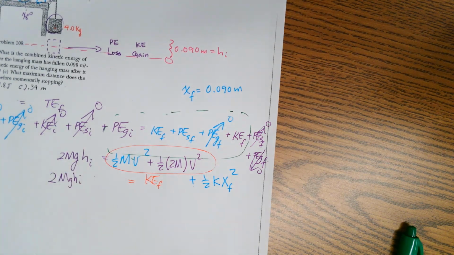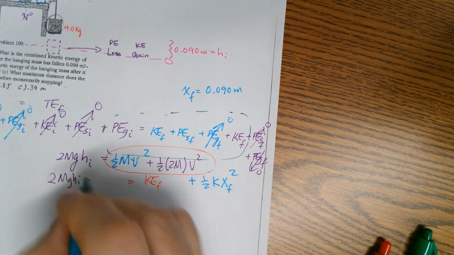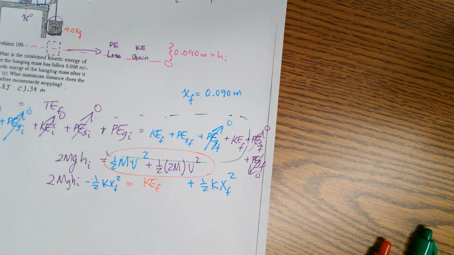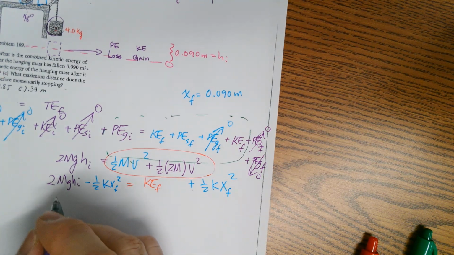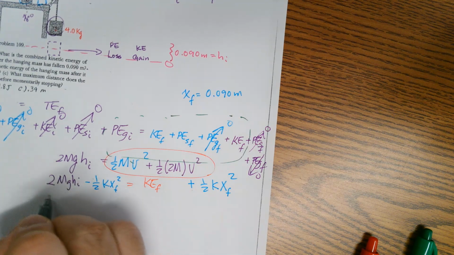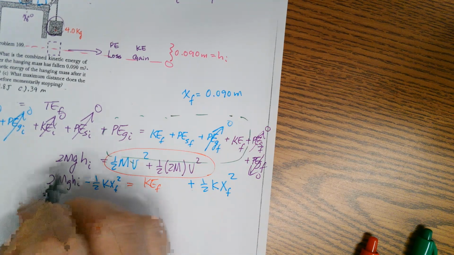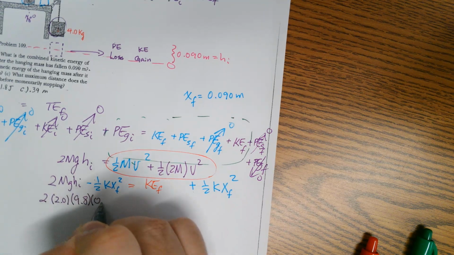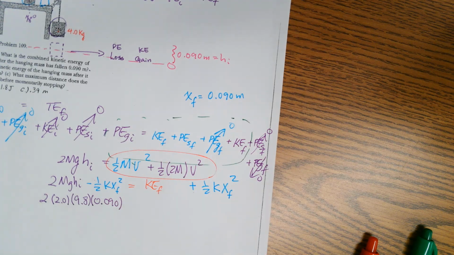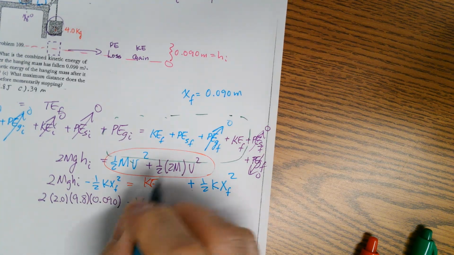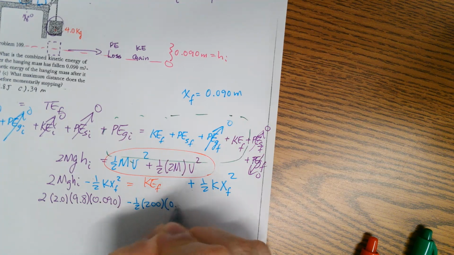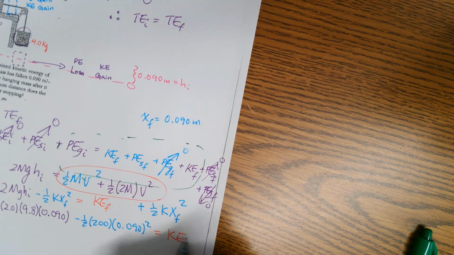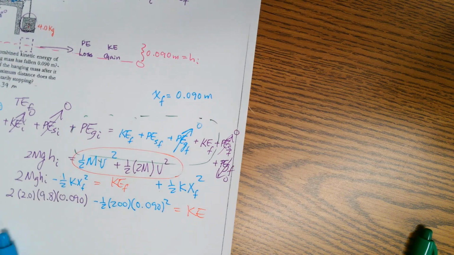So this combined kinetic energy now is equal to basically 2mgh initial minus 1/2 kx final squared. So here we have 2 times 2 times 9.8 times 0.090 minus 1/2 times 200 times 0.090 squared is equal to the total kinetic energy final.